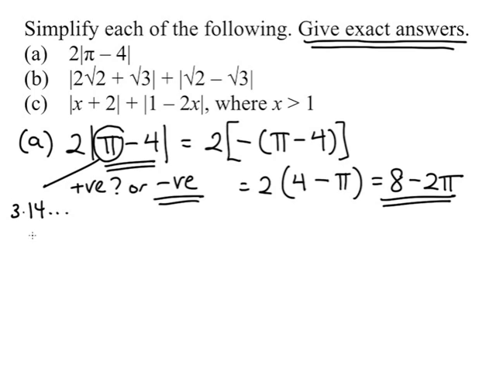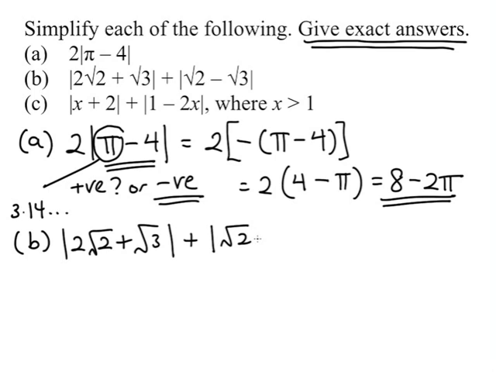Now let's have a look at part B. Part B looks long and complicated, but it's actually very easy. What we're going to do is find 2 times square root 2 plus square root 3 plus the absolute value of square root 2 minus square root 3.